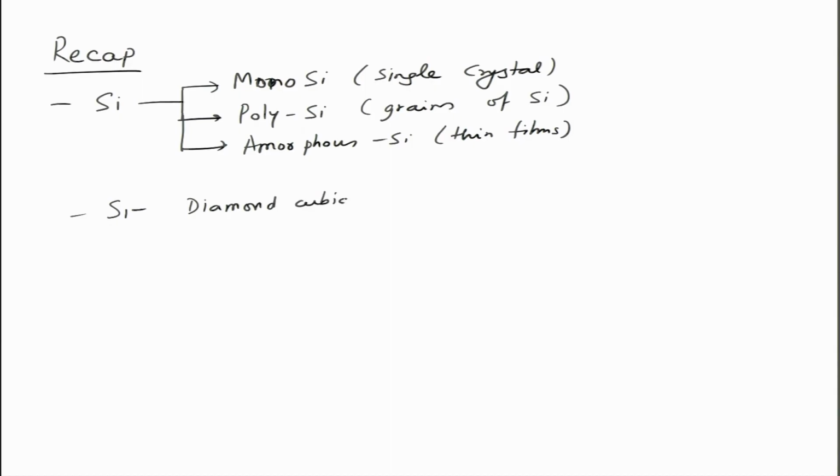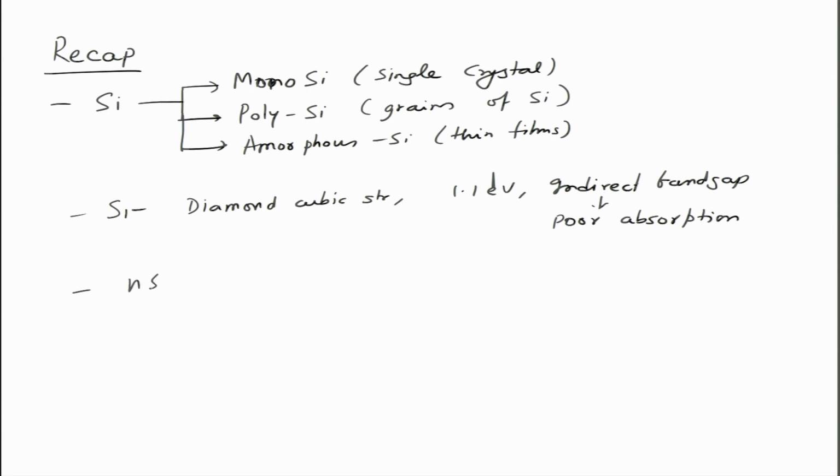Silicon, as we know, is a diamond cubic structure material. It has a band gap of 1.1 eV. It is an indirect band gap semiconductor, and as a result it has poor absorption of light. In the solar cell context, one uses N silicon and P silicon. Both of these are made by doping. N silicon is, for example, made by phosphorus doping, and P silicon could be made by boron doping.